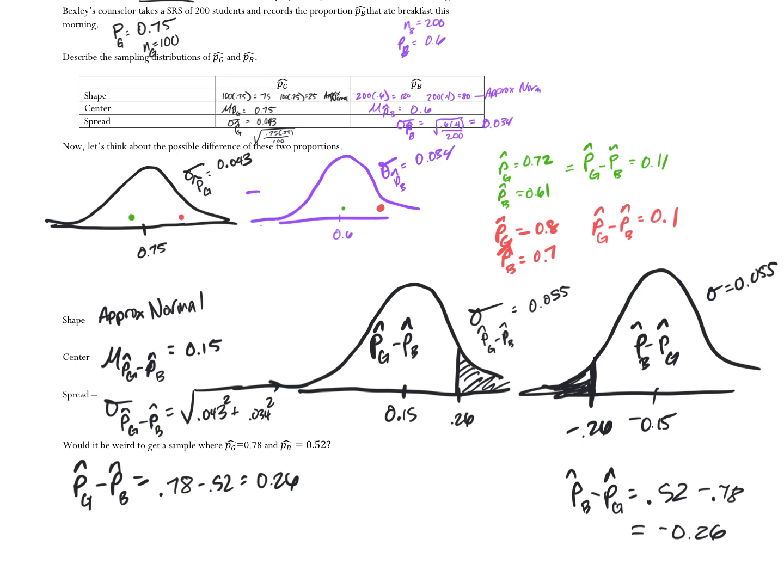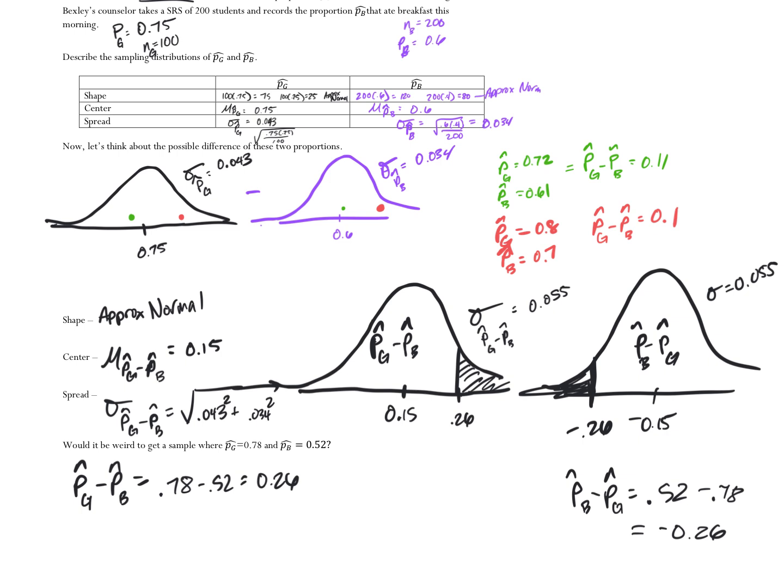If I want to plug this one into normal CDF, I'll do negative a gajillion to negative 0.26 with a mean of negative 0.15 and a standard deviation 0.055. Your calculator can handle it. So if we decide to go Bexley minus Grandview, we have to make sure we're consistent with that throughout the problem. Exactly. The hope would be that you're going to be consistent because you're looking at the problem holistically in the first place.